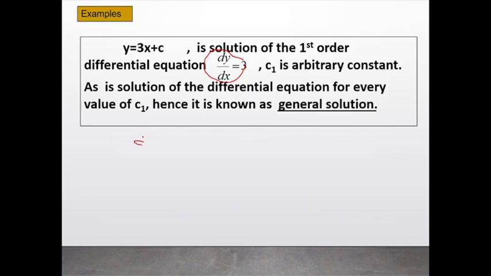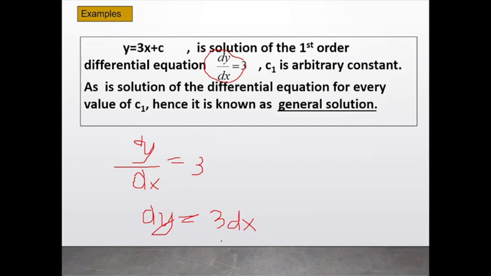So we have dy over dx equal to 3. For separation of variables, all we need to do is multiply dx on the other side, so we will have dy is equal to 3 dx. I'm having difficulty writing in PowerPoint using my mouse.